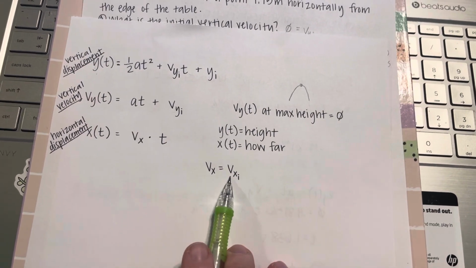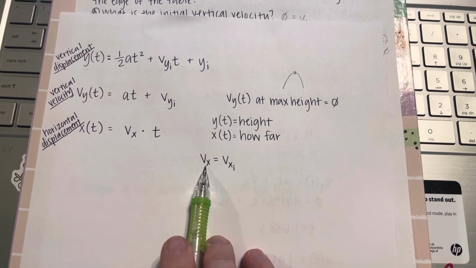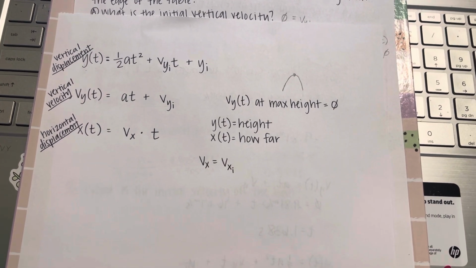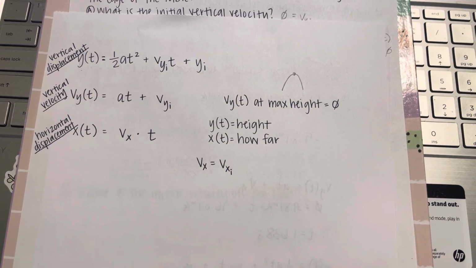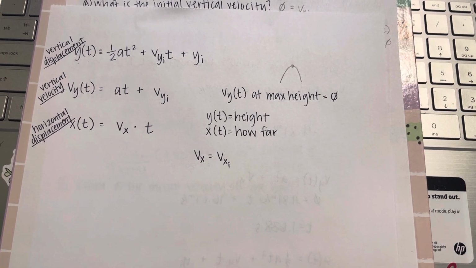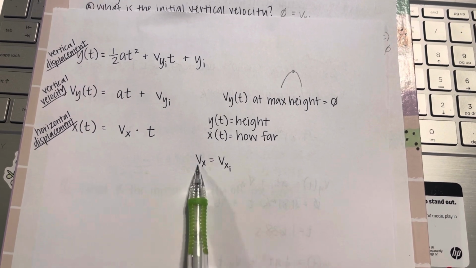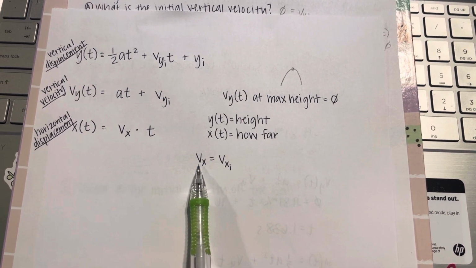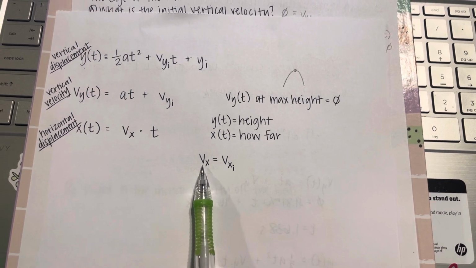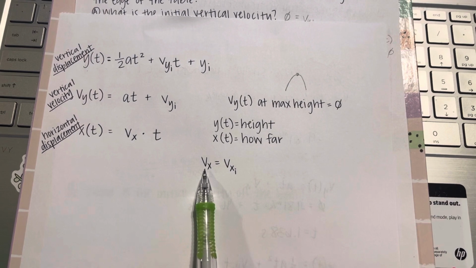Remember, your initial horizontal velocity and just your regular horizontal velocity are going to be the same thing. Nothing is acting against it. We're assuming that friction and air resistance and all of those things are negligible. And the only thing that would be acting on that velocity would be gravity, but gravity does not affect horizontal velocity because it only acts in the vertical component.